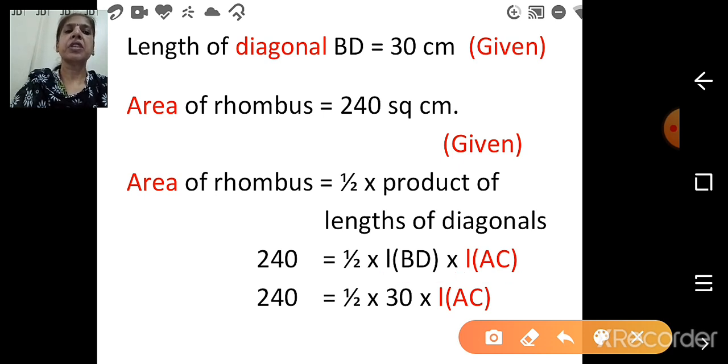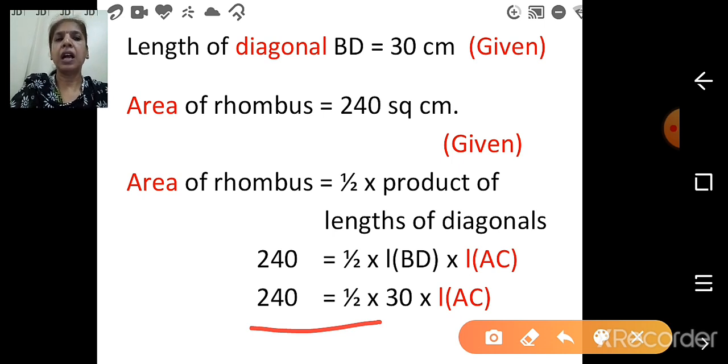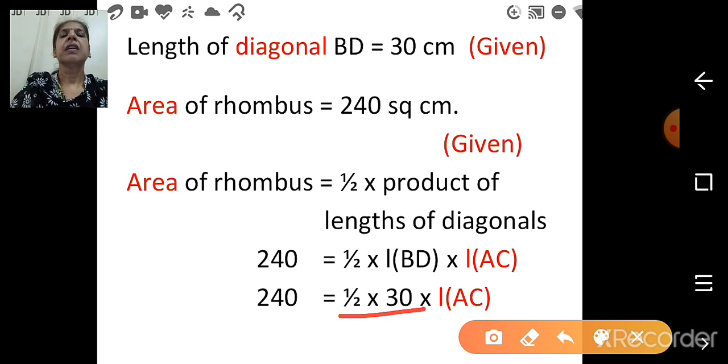So we will substitute the values. 240 is equal to half into 30 into length AC. Now we have to do the calculation. Now what is half of 30? Half of 30 is 15.